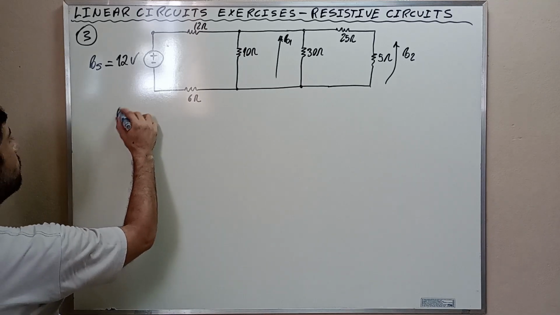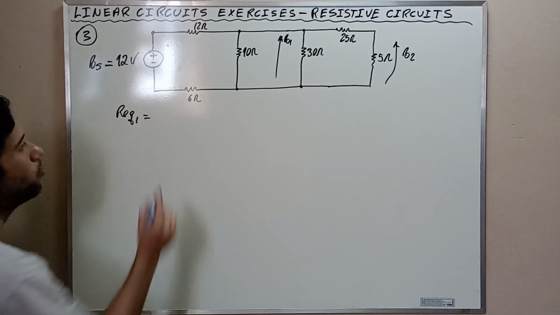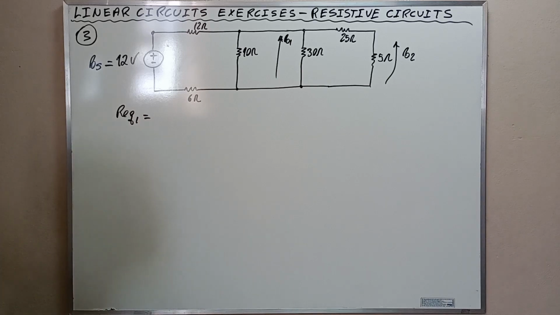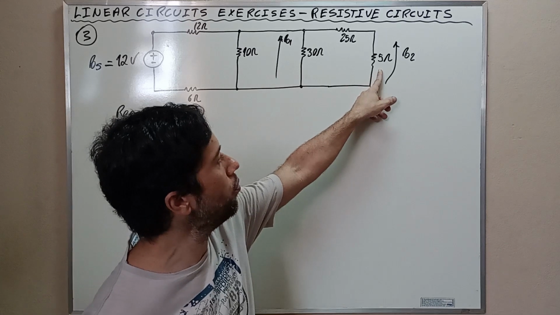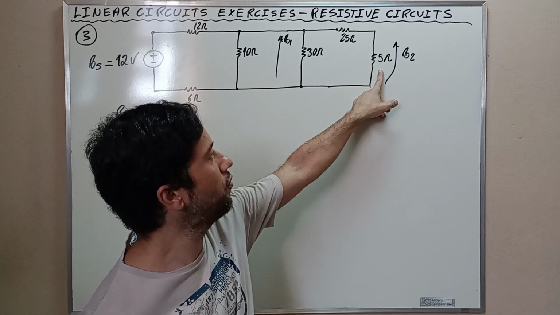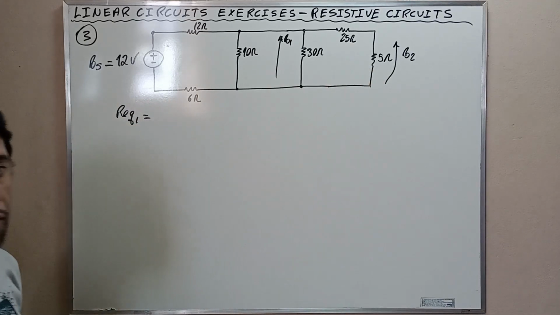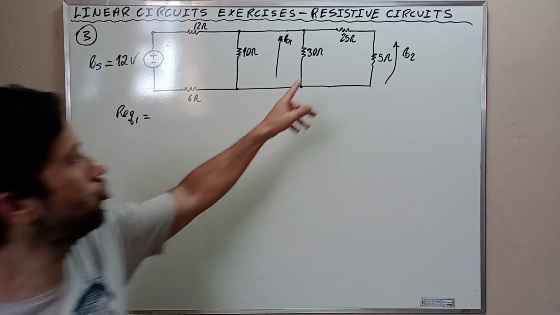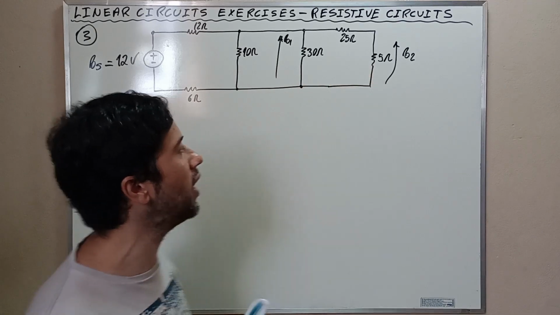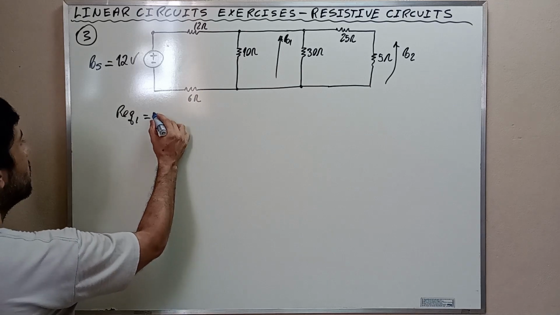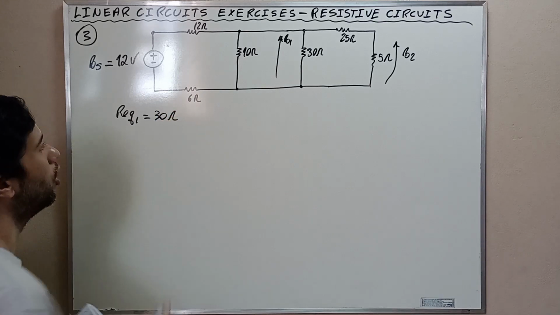Let's begin with equivalent resistance number 1. Equivalent resistance number 1 is going to be the combination between these 5 ohms and these 25 ohms. They are in series, isn't it? So 25 plus 5 is 30 ohms.